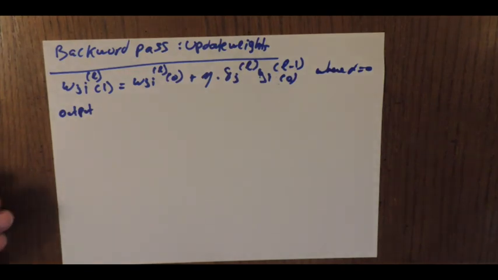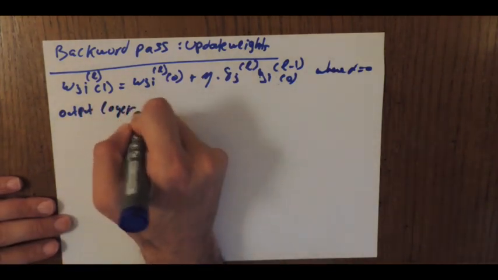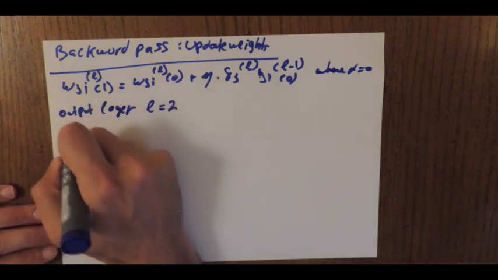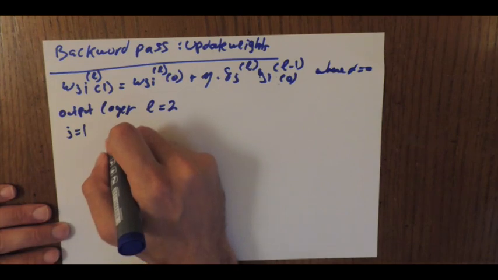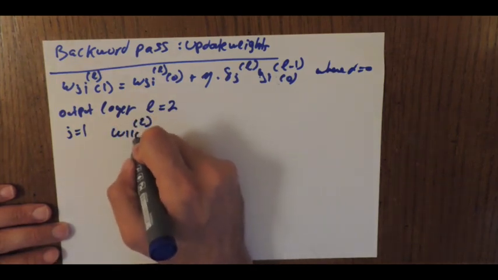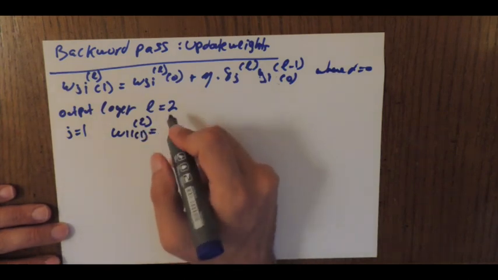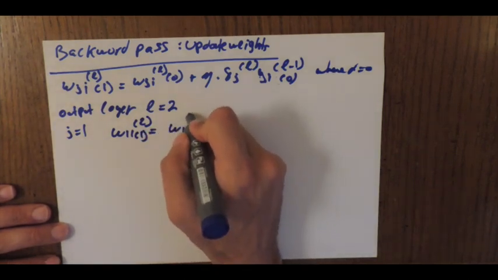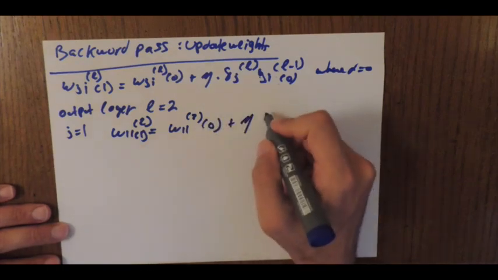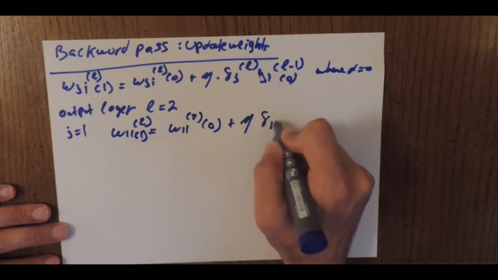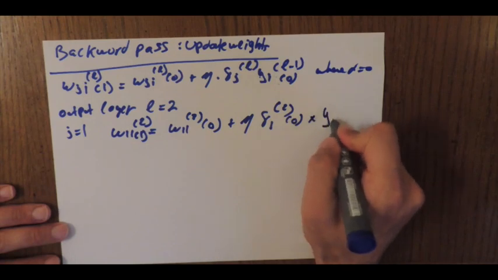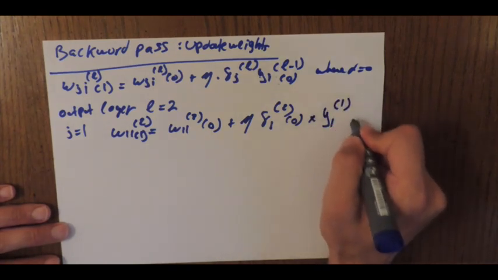So with the output layer, the case for L equal 2, start of course as always with j equal 1. So W11 of 2 of iteration 1 is equal to W11 of 2 of iteration 0 plus the learning rate times the local gradient at the output times y1 of 1 of 0.